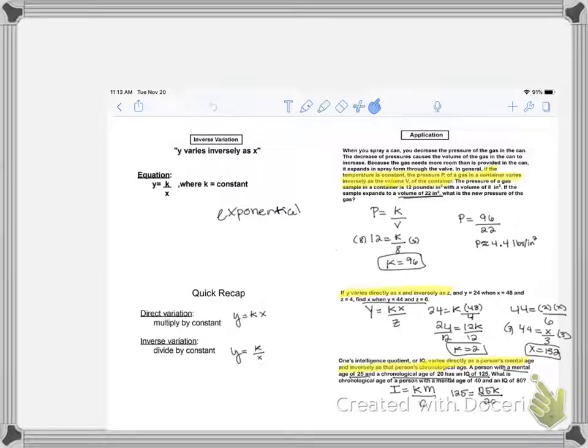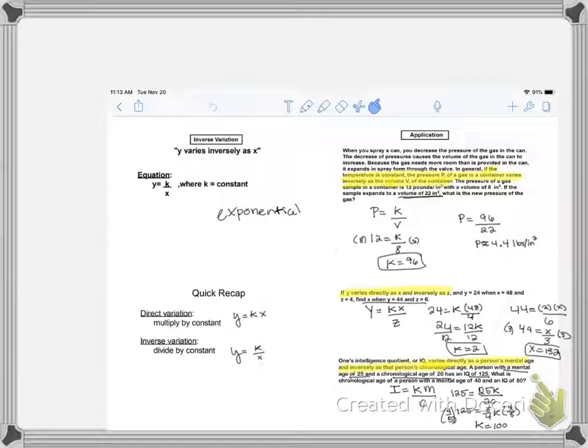I can simplify 25/20ths to be 5/4. So I can get rid of this by multiplying by 4/5. And K would equal 100 then.